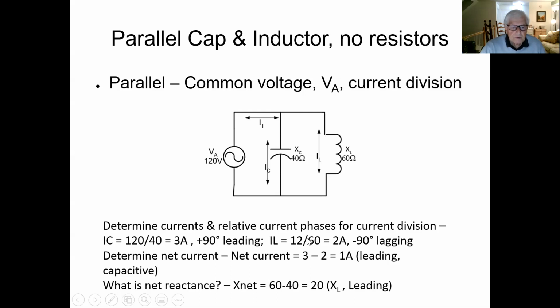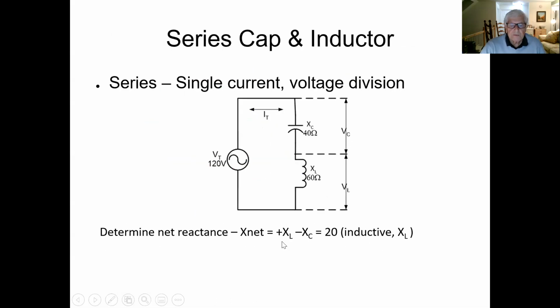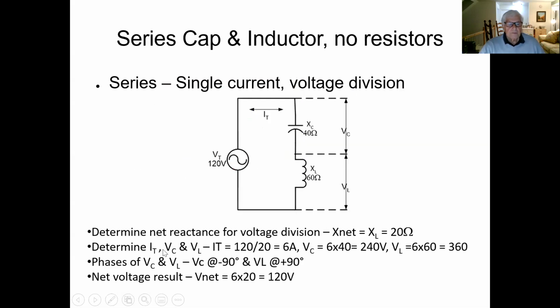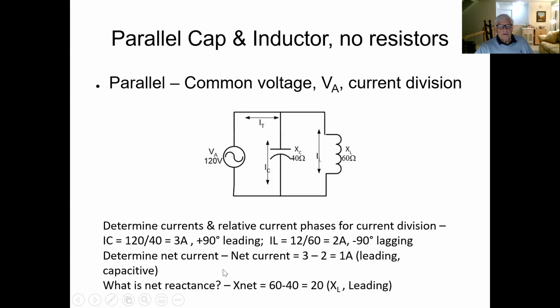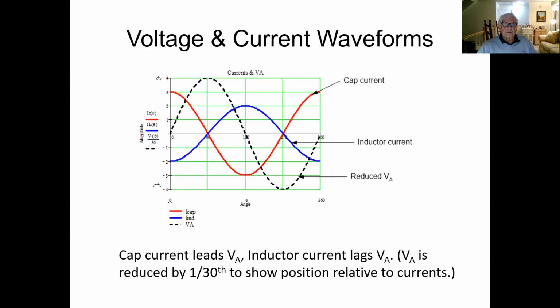Okay, what's the net reactance? Net reactance is going to be 60 minus 40, or 20, where XL is leading. So here's a picture of what it would look like, and it's kind of weird to take a look at.